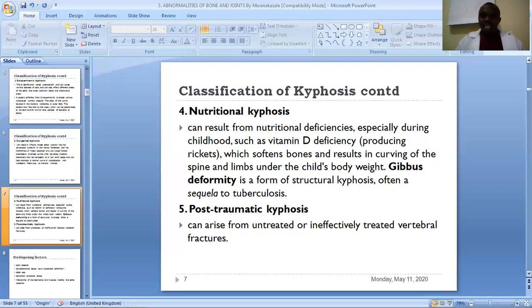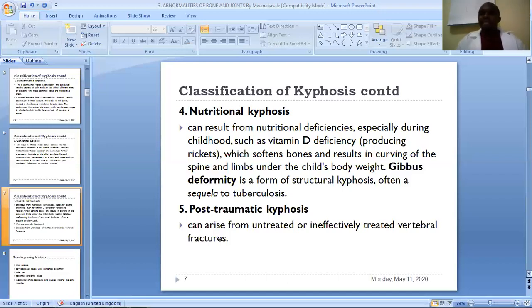So we're saying Gibbus deformity is a form of structural kyphosis, often a sequela to tuberculosis. What are we saying? When someone develops kyphosis as a result of Pott's disease, then it will be known as Gibbus deformity. The final classification of kyphosis is post-traumatic kyphosis.